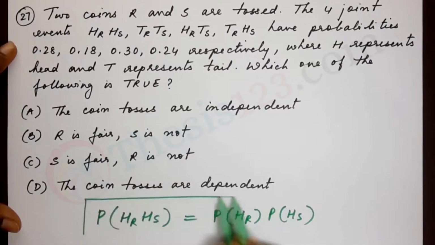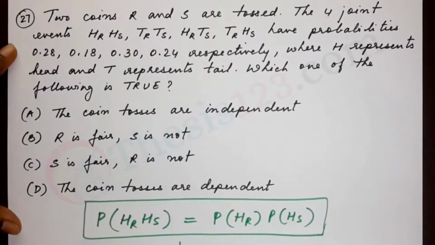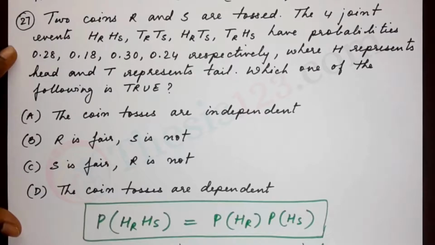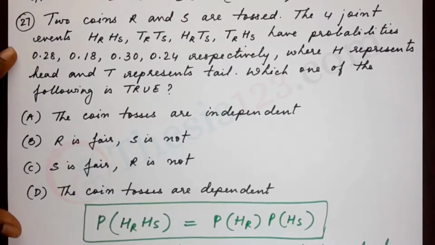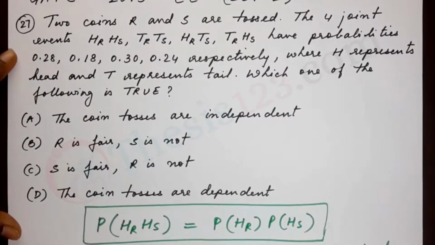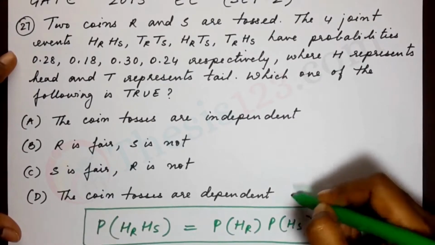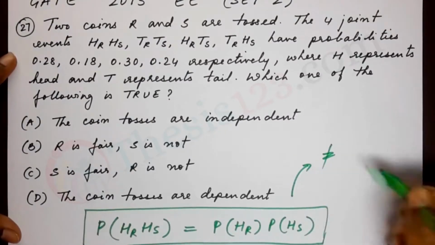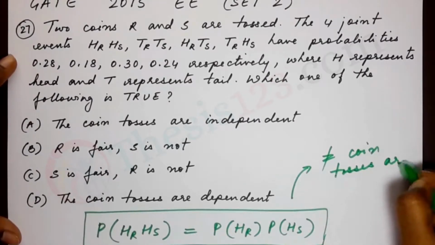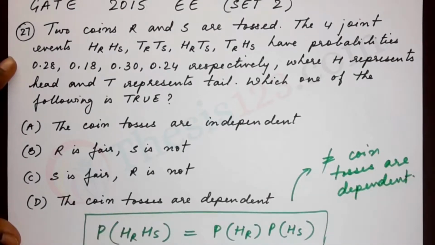If this equation is satisfied, then that tells us that the coin tosses are independent. If it is not satisfied, then the coin tosses are dependent. So let's first check this.